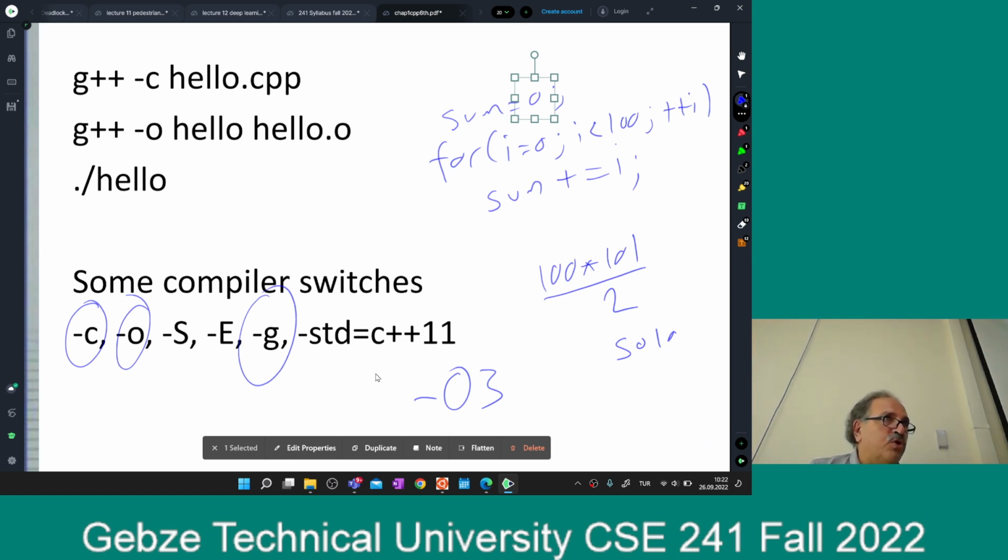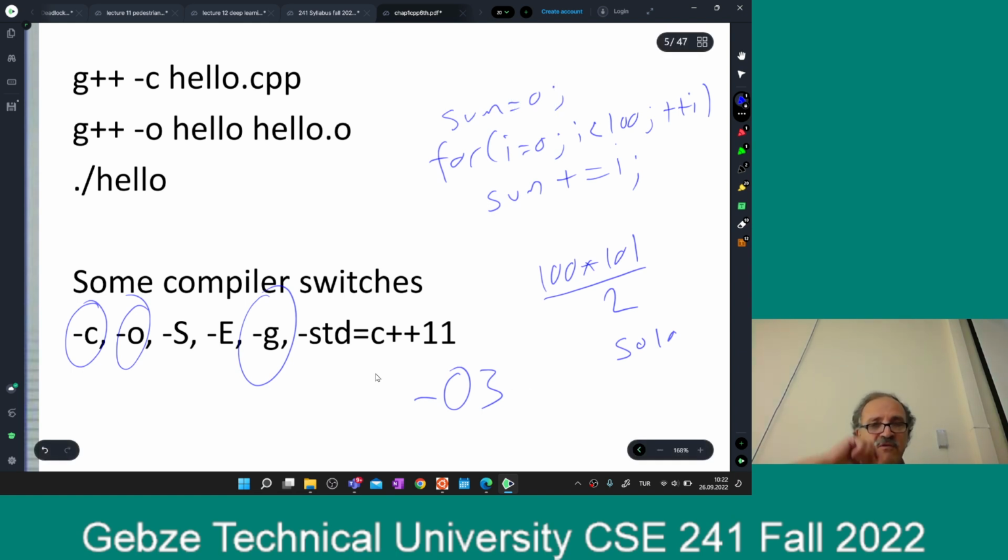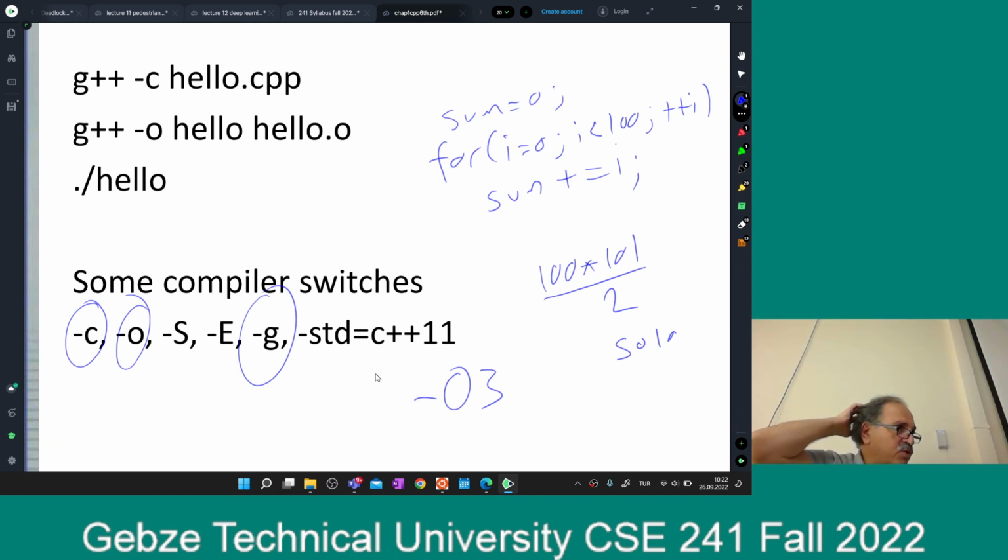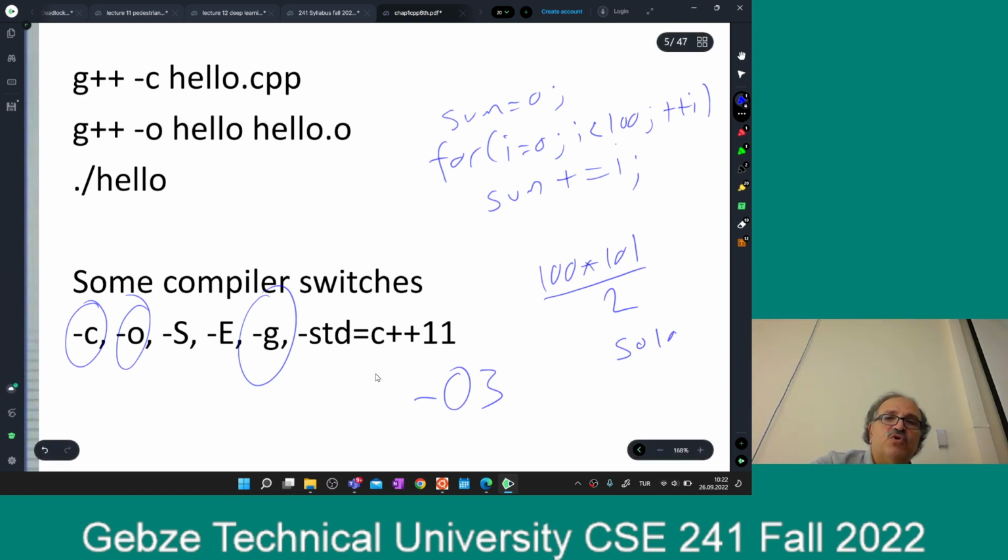So your produced machine code doesn't have any loop statements. It is smart enough to do that when you do this kind of optimization. But if you don't do optimization, it will produce code to do this. Which switch optimizes this? That's what I said, minus O3.